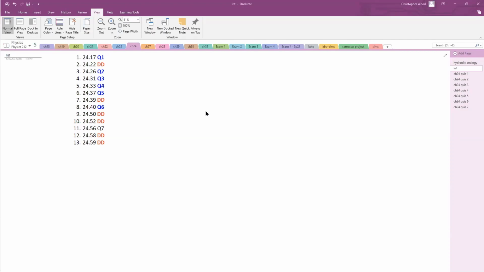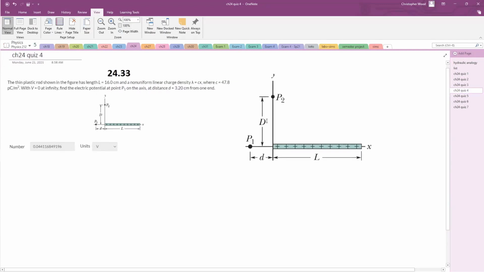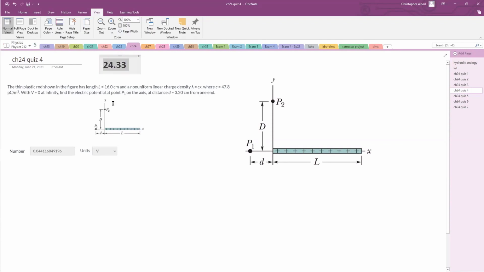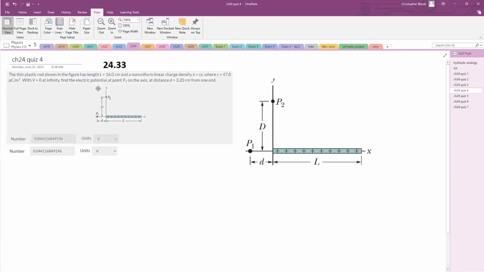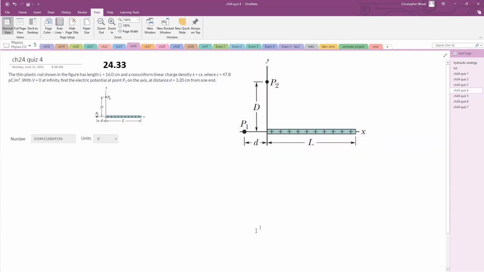Okay, so if you refresh, let me know if you're seeing what I'm seeing, which is homework problem 24.33. And if not, then I'm still doing something wrong, and I'll fix it. It's working for me now. Okay, thank you. I'm saying the correct thing as well. Yeah, that's always my mistake. All right.